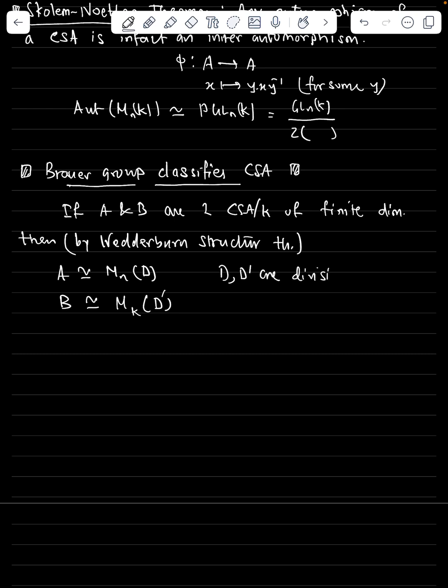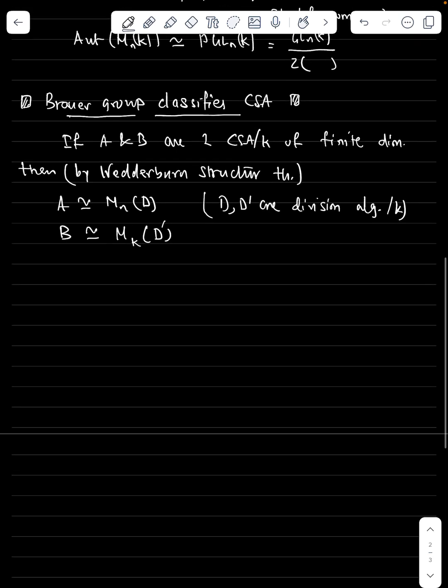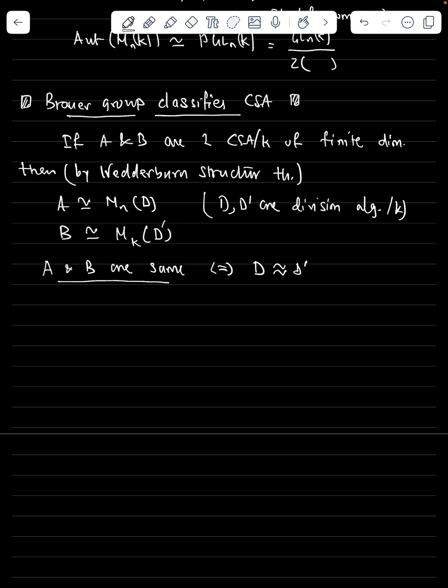Right? And now we define A and B to be the same if and only if these two division algebras are isomorphic. So in this way, we're defining an equivalence relation on all the central simple algebras over K. And this is easy to check to be an equivalence relation.